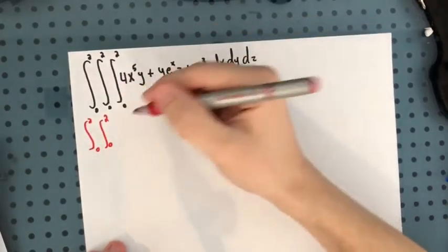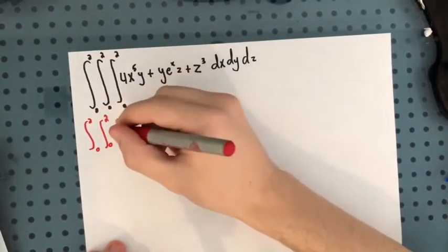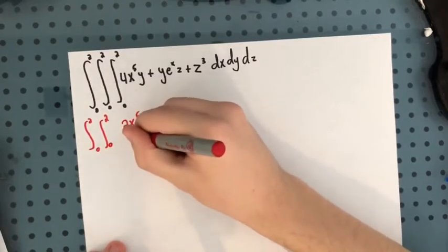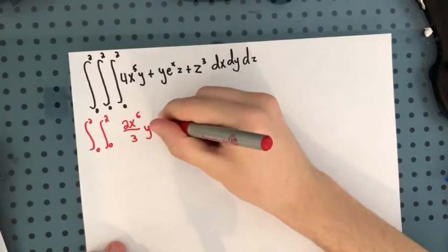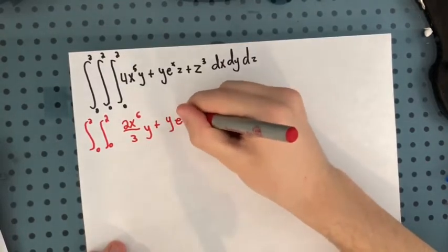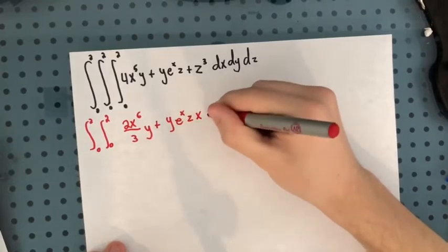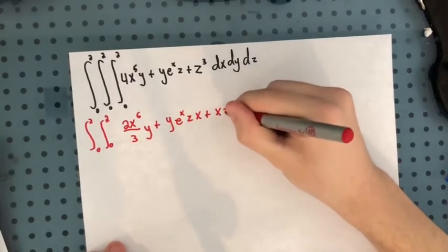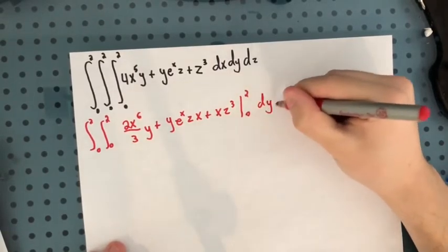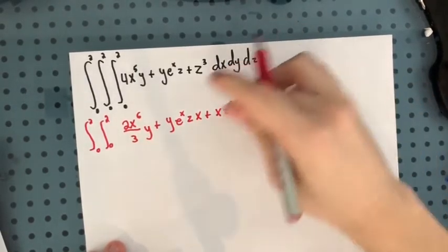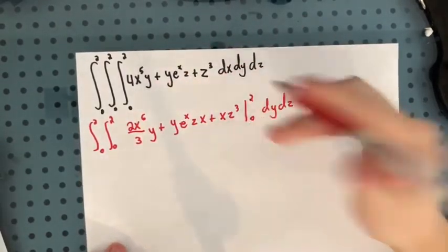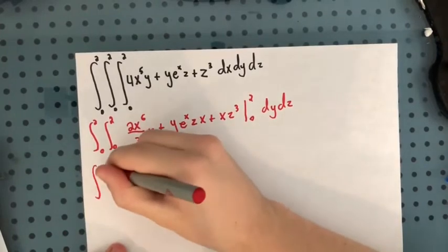Now the integral of this with respect to x is 2x to the 6 divided by 3 y plus y e to the x z x plus x z cubed from 2 to 0, and then integrate that dy dz. So you plug in the 2 and then subtract plugging in the 0, but since every single one of these terms has an x in it, when we plug in 0, we're just going to get 0. So we can skip that step.